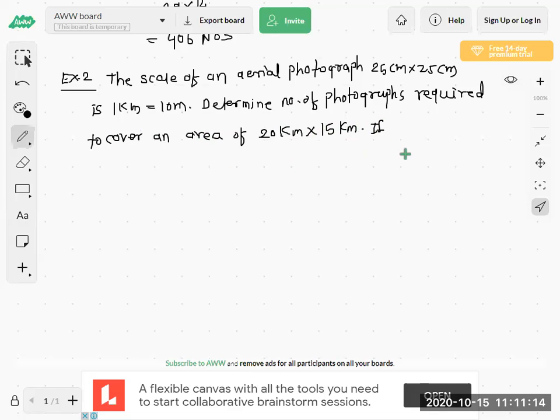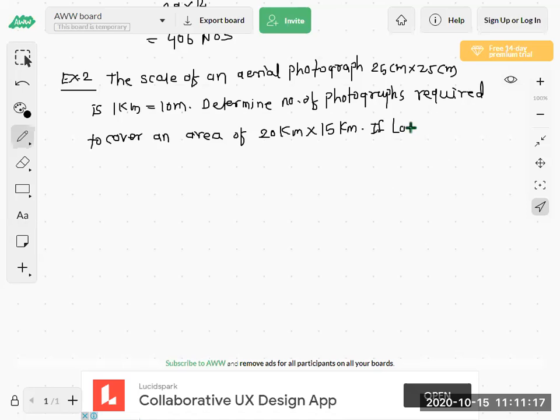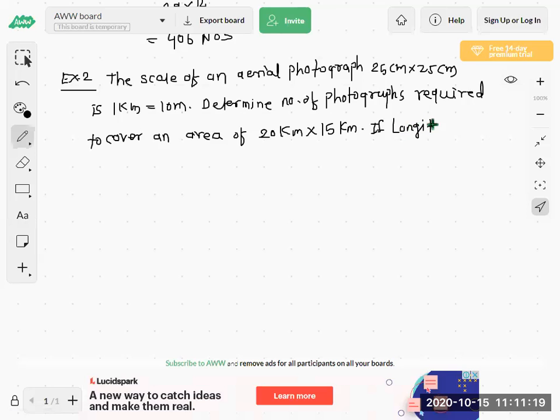If longitudinal overlap is 60% and side overlap is 30%.